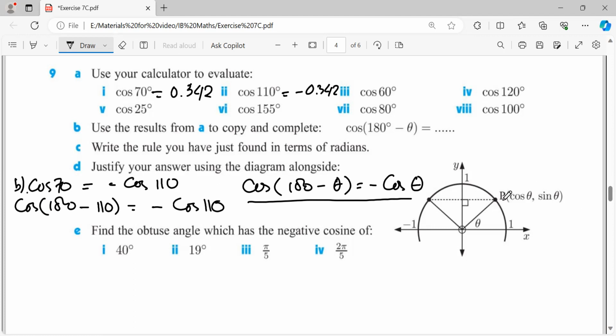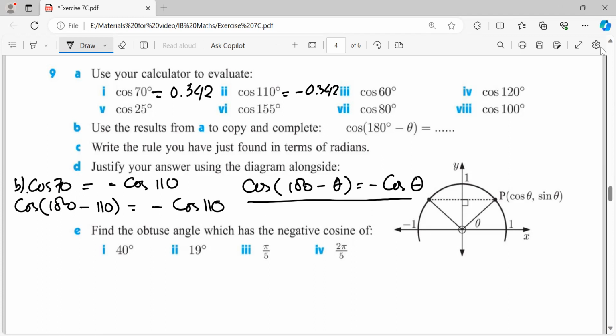If you look at this coordinate point, the x coordinate of the points have the same value, but x is negative.